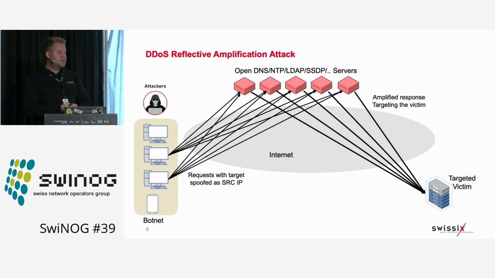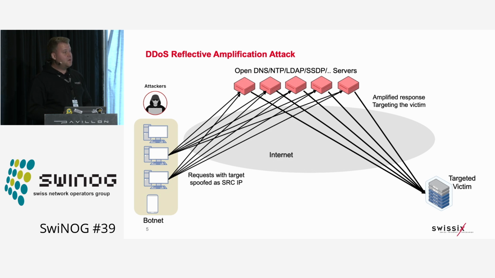And given that the IP is spoofed and doesn't belong to him, it's usually the IP of the targeted victim, all these servers will start responding. And the criteria here is that the request in comparison to the response is pretty small, and the response is way bigger. So I can amplify the attack on my targeted victim.